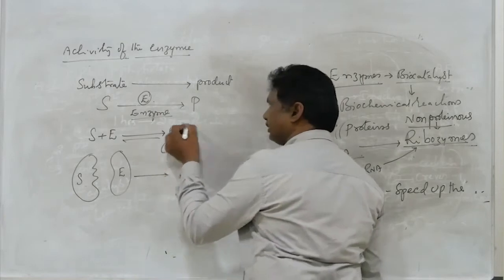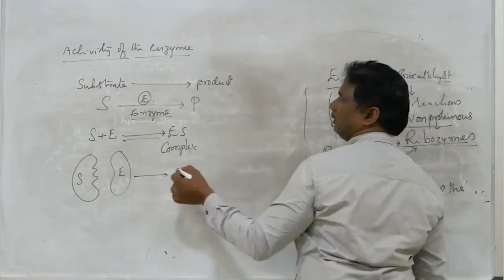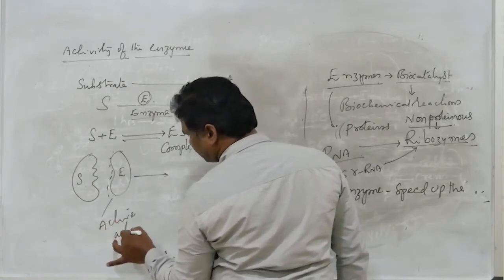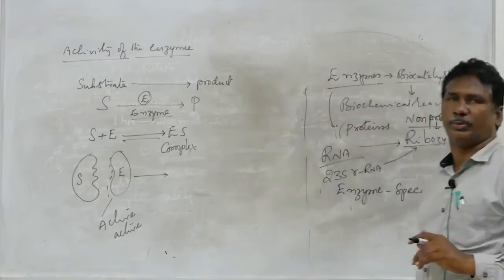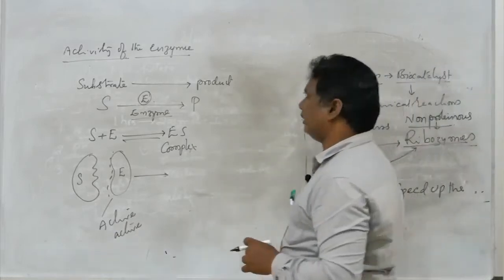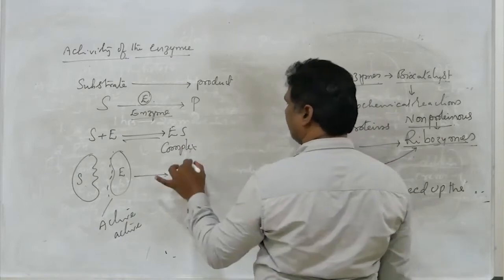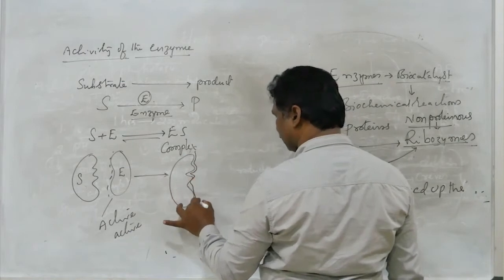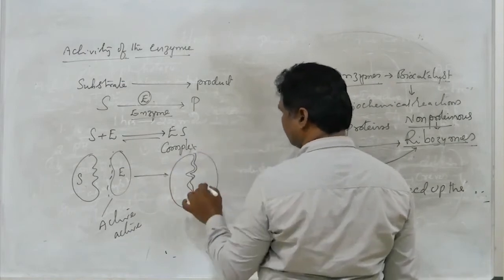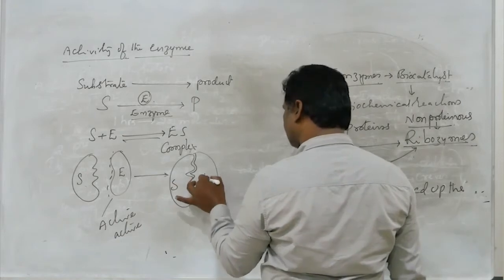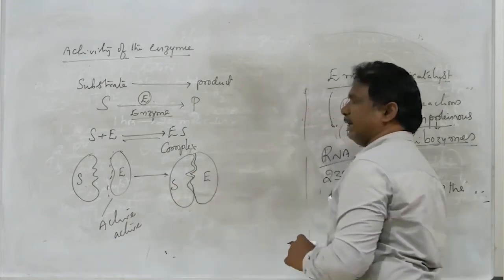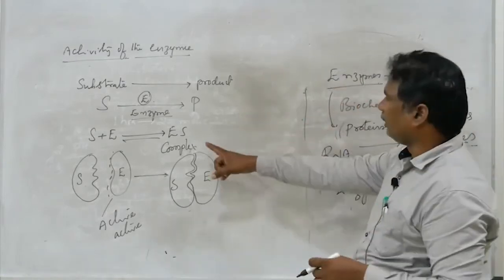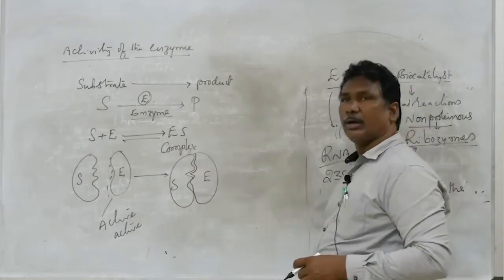The enzyme has active sites, formed by the tertiary structure of the protein. During this complex formation, the active sites of the enzyme are occupied by the substrate molecules. The active sites of the enzyme attach to the substrate molecule to form the enzyme substrate complex.